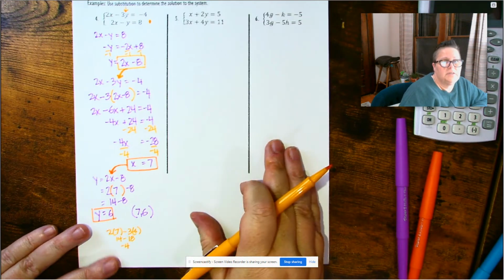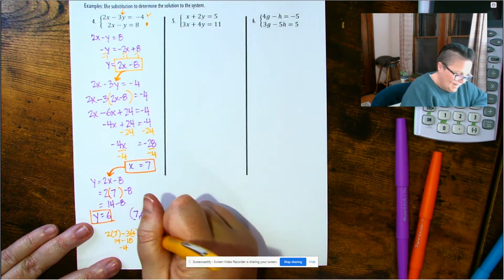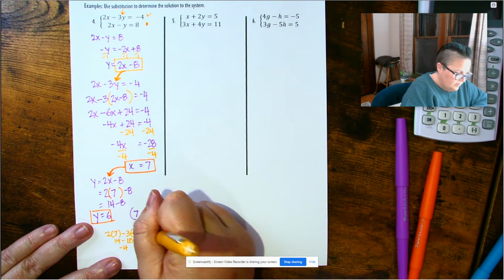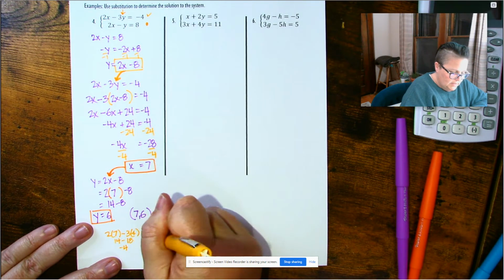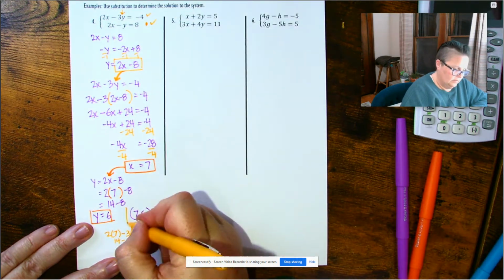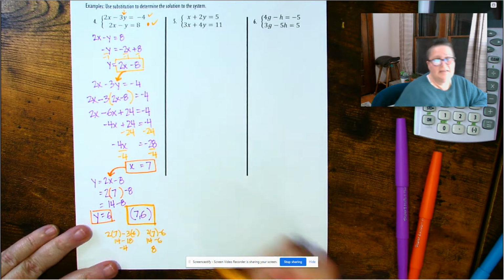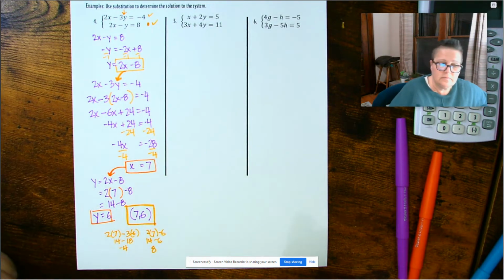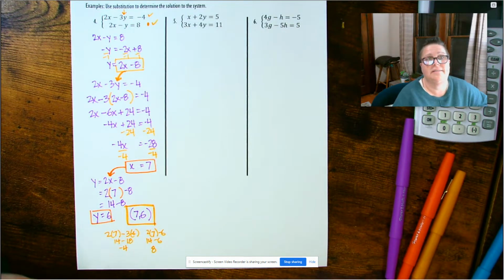And that checked with this one. And then my second one is 2 times 7 minus 6. That's 14 minus 6. That's 8. And that checks with this one. So yes, I do know that that is the solution. 7, 6 is the solution to this system of equations.